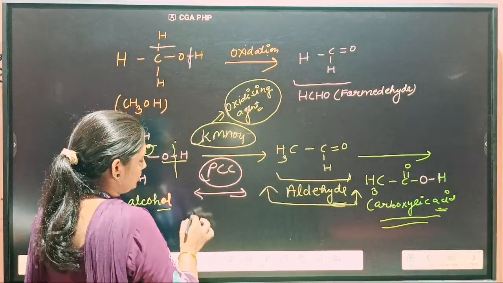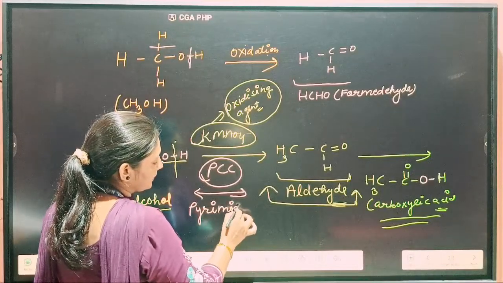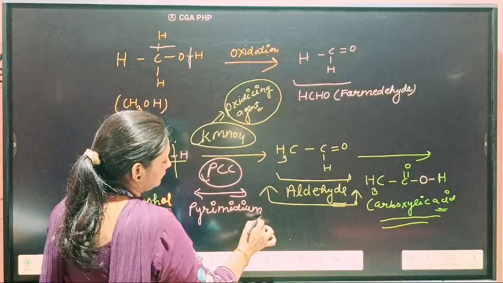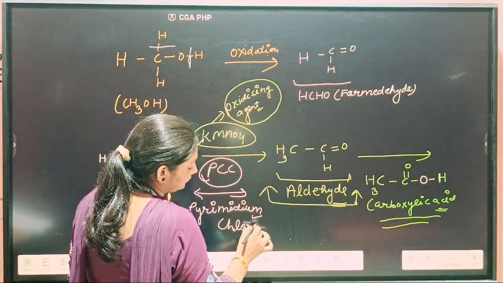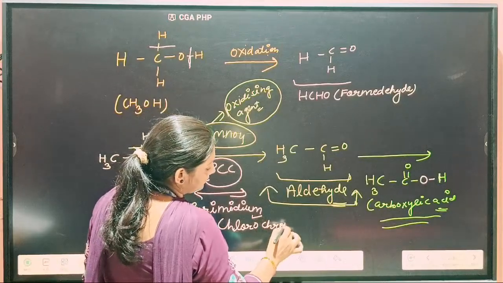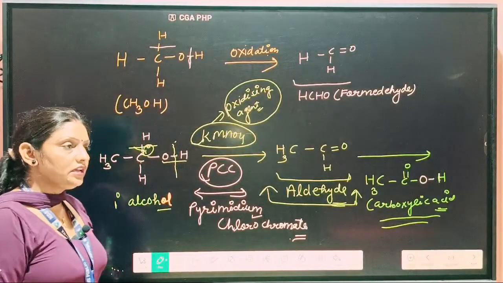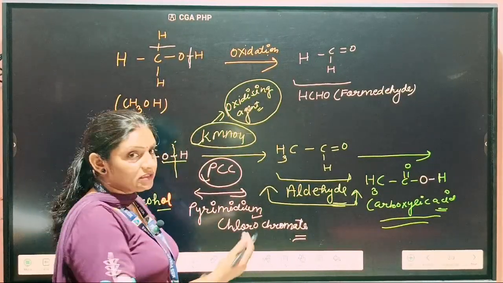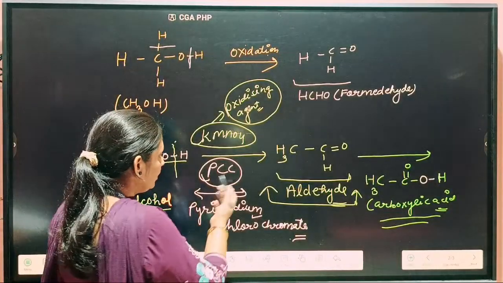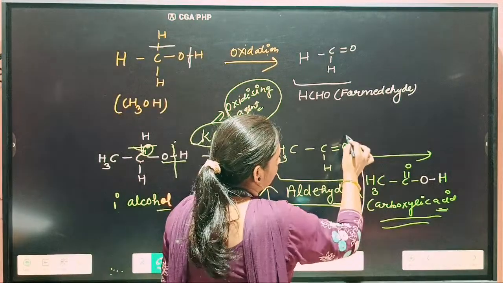What is PCC? PCC is pyridinium chlorochromate. This is a catalyst. But what type of catalyst is it? It is an inhibitor, a negative catalyst. It decreases the rate of the reaction. What will happen then? It will stop this reaction up to the aldehyde only.